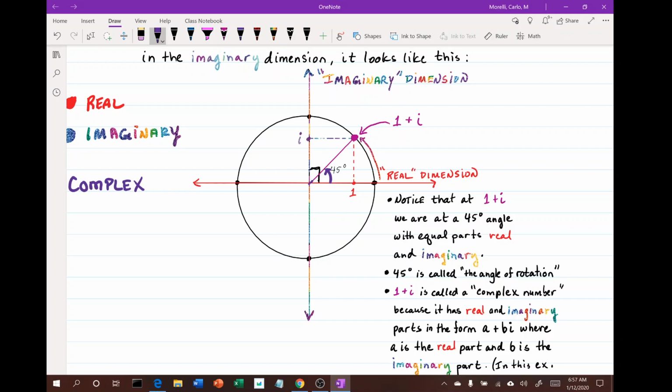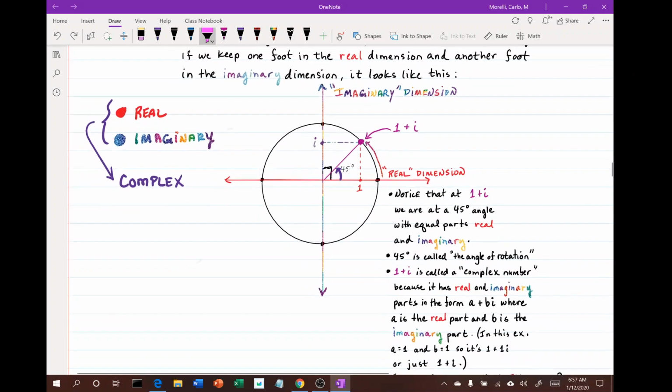If we draw a line from the origin out to the point of rotation, right there, we have formed a triangle. If you're thinking about triangles, a lot of stuff should be coming to mind, but the main thing should be the Pythagorean theorem. The Pythagorean theorem is going to be important for us here in a minute.